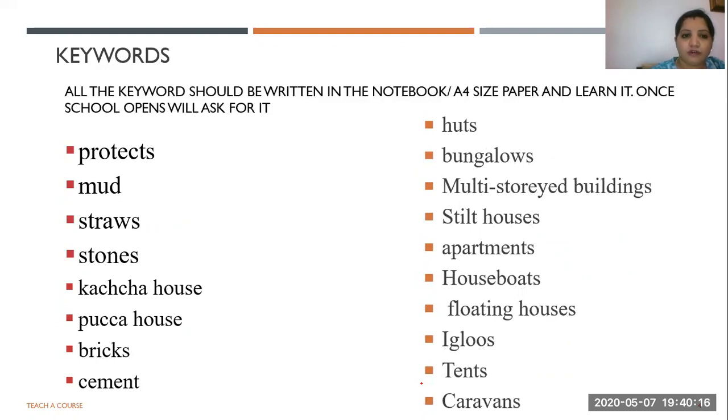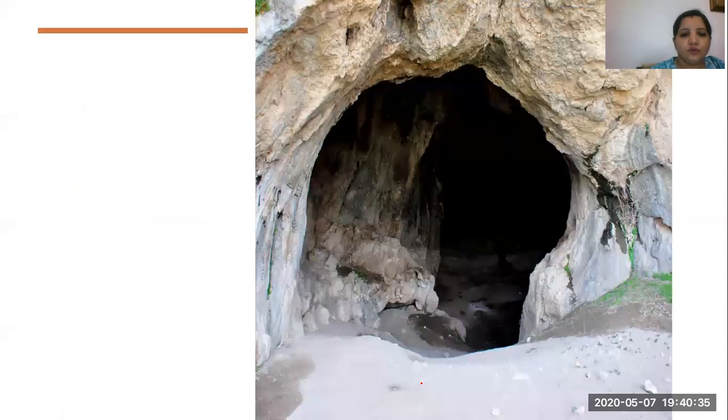So I want all of you to make a note of these keywords in your notebook or on an A4 paper and then attach it in the Google Classroom. And you will be keeping these things ready and you will bring it to the school once the school reopens. And children, make sure that you learn the spellings of these words. So let's enter into our chapter.